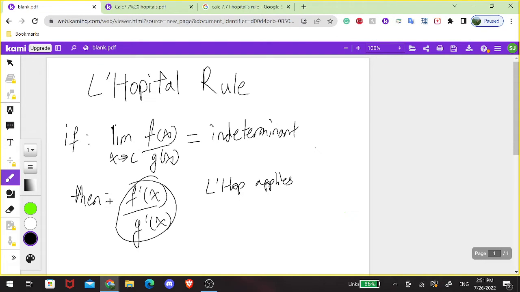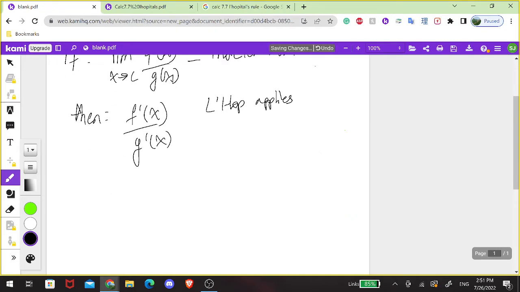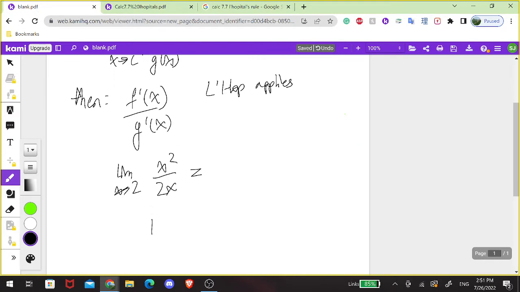Then you write this. So in a real problem, you'll write the limit as x approaches, let's say any number, 2, of let's say x squared over 2x. It's 0 over 0, right? Then you write equals, if you're shown this as a problem, you write limit as x approaches 2 of x squared equals 4.